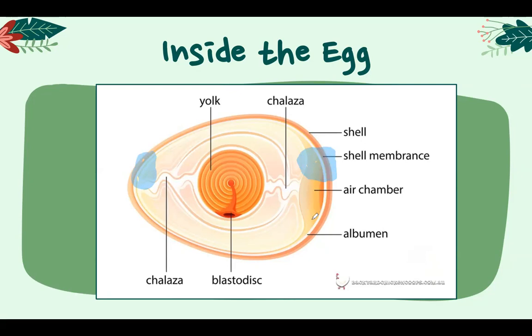And while it's pecking, it needs air. Until it pecks a hole all the way through with its little tiny egg tooth on its beak, it can't get all the way through, and it needs to breathe. So it's going to use some of that little bit of an air chamber there. Now, I will tell you what's nice about the egg is that it is porous, meaning if I were to put this egg in water right now, I would drown the baby, which would be very sad.